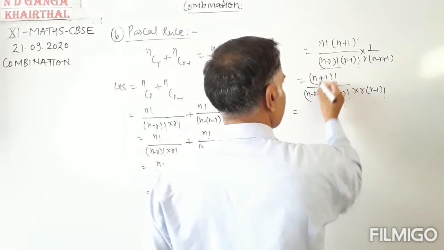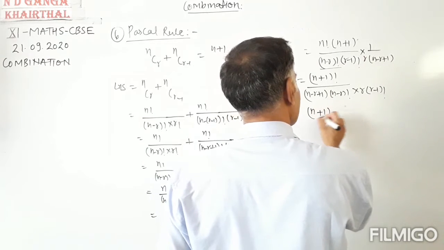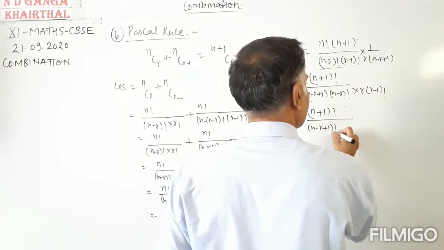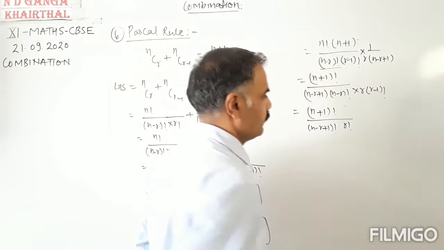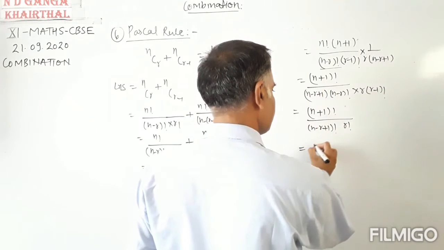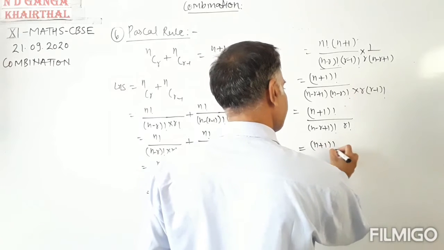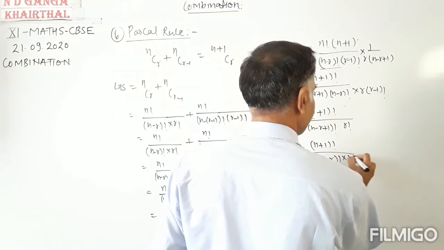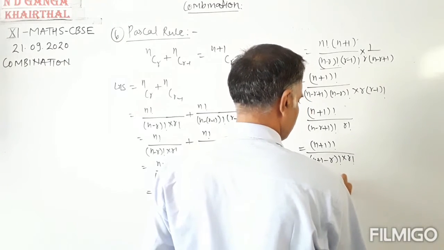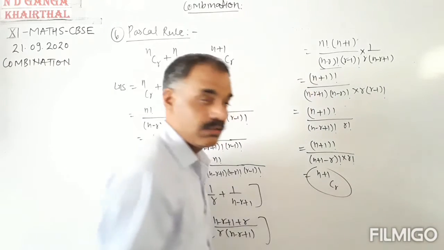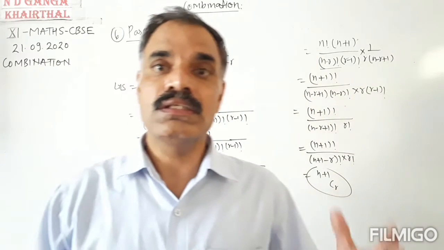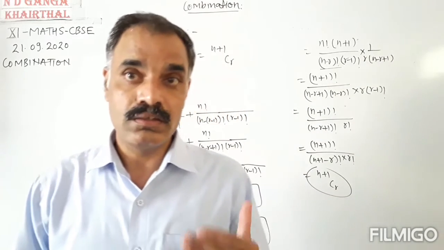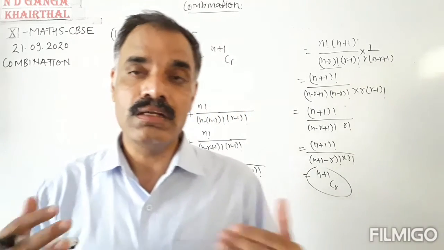This equals n plus 1 factorial upon n minus r plus 1 factorial and r factorial, which can be written as n plus 1 factorial upon n plus 1 minus r factorial into r factorial, which equals n plus 1 CR. In this way we can prove the Pascal rule.